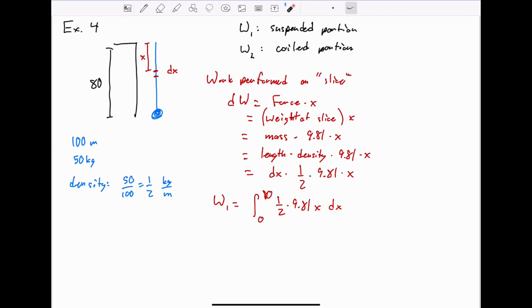How do we find the amount of work performed for the coiled up portion? Well, we have a constant force, which is just the weight, and we have the same distance, which is 80. So for work 2, this is force times distance. No integral will be required here. Force is going to be the weight of the chain. So we have weight, and the chain here is just the 20 meters that are coiled up at the bottom.